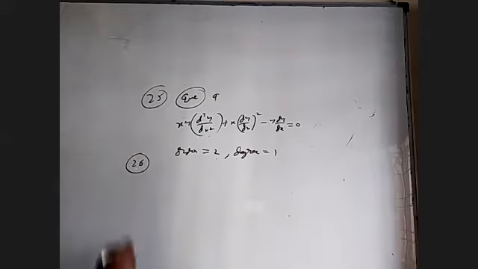Okay, 26. In 26 we have fractional powers, power 5 by 2 on one side and power 2 by 3 on the other side. So how to remove the fractional powers on both sides? Anybody want to tell?